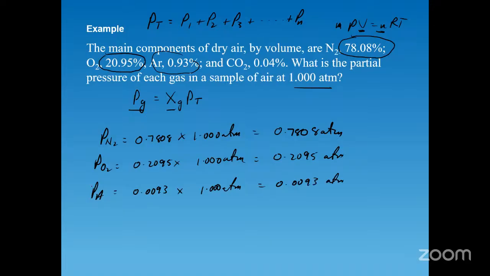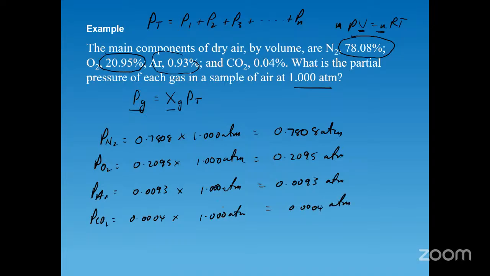And then the last one is carbon dioxide, which percentage-wise is 0.04, the same thing as 0.0004 multiplied by 1.000 atmospheres, equal to 0.0004 atmospheres.